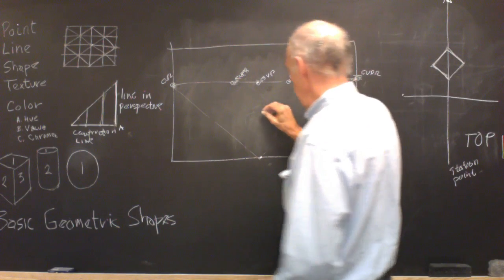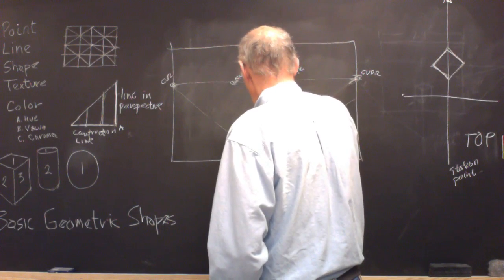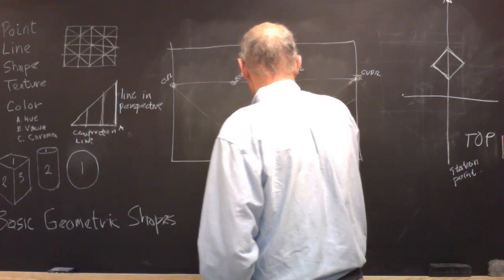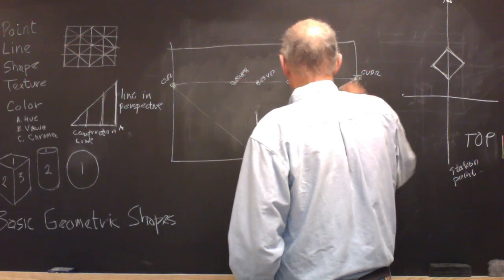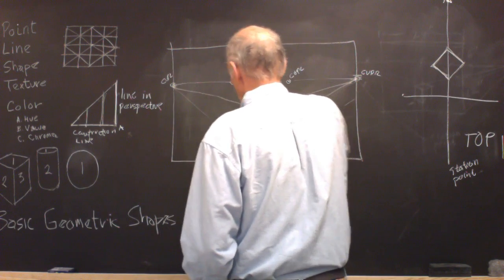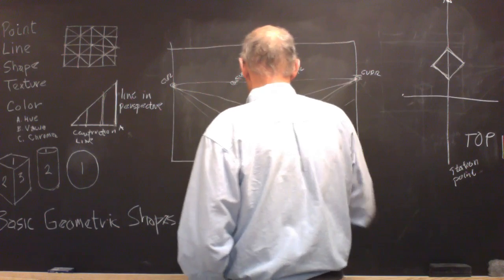And what I'm going to do is draw the front edge of the cube and go ahead and draw it in. Draw the tracer lines over here and the tracer lines over here.